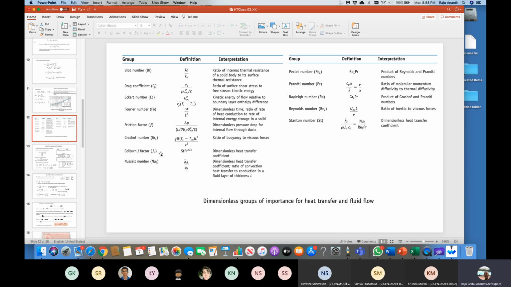And from this equation that we're going to solve, we will get an analogy between friction and heat transfer. If I make a friction measurement on a very small velocity flow, not turbulent, we can relate that to the heat transfer coefficient. So there is an analogy called the Colburn analogy.